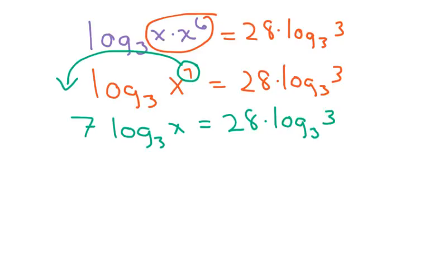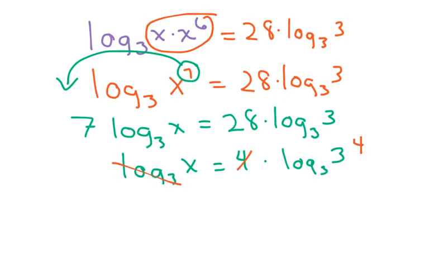I'm going to divide both sides by 7, so I get log base 3 of x equals 4 times log base 3 of 3. I'm going to use my power property. Instead of putting the 4 here, I'm going to put it here. I can cancel my log base 3's, and I get x equals 3 to the 4th, which is 81, is my solution set. And that's how you do those.